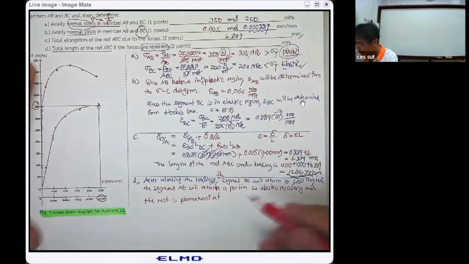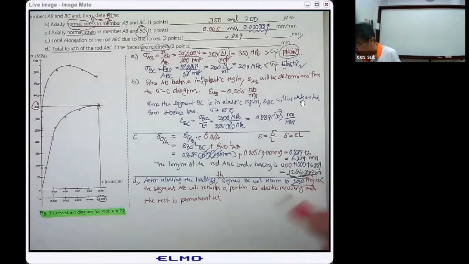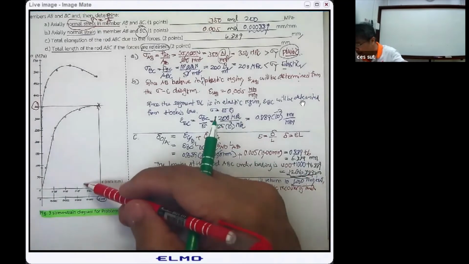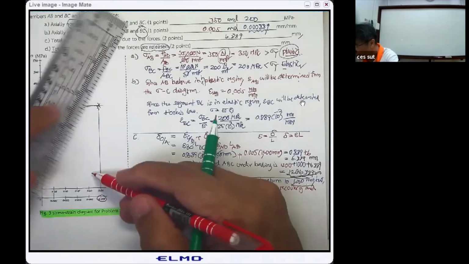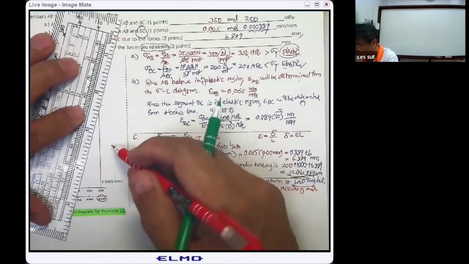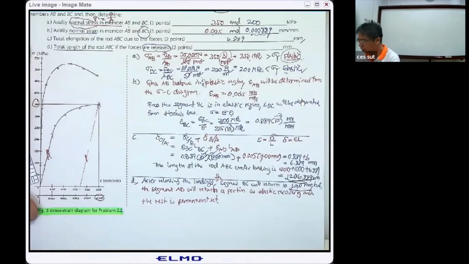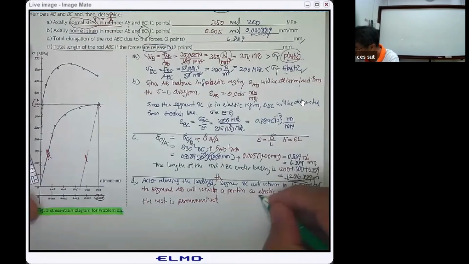What I mean is, the BC is okay, it returns back to 1,000 millimeter. However, for this one, some top portion will follow its original slope here, because when it returns, it returns as elastic recovery.